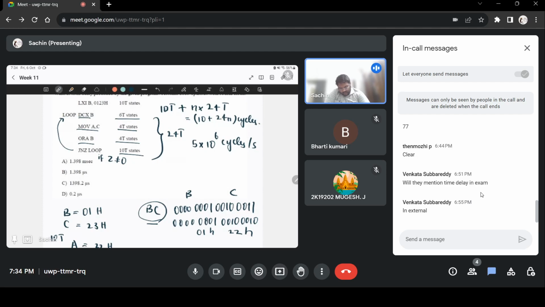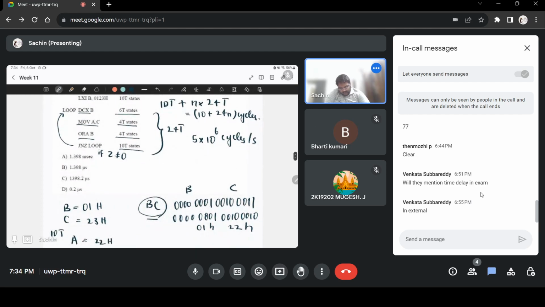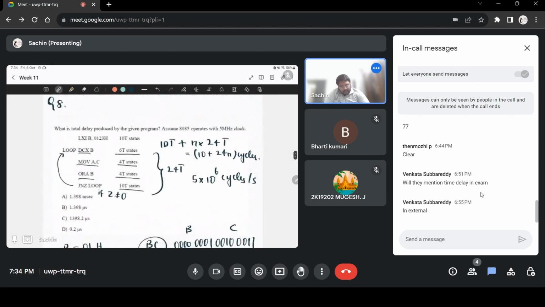So the time taken will be the number of cycles divided by the number of cycles per second. So it's 10 plus 24n divided by 5 into 10 power 6. So that's the method to do it, but finding out exactly how many times this occurs, you try it out yourself. I'll do that and post the solution later.